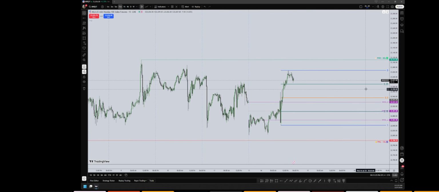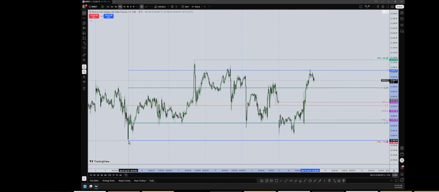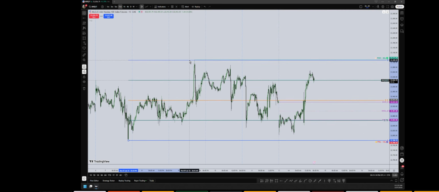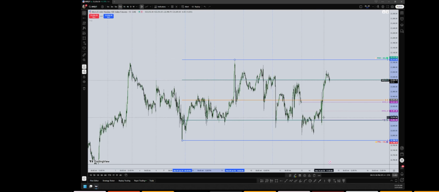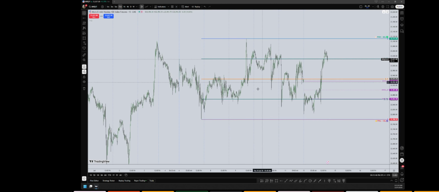Done. And this grid, I'm gonna leave it like this, because this range is still valid.